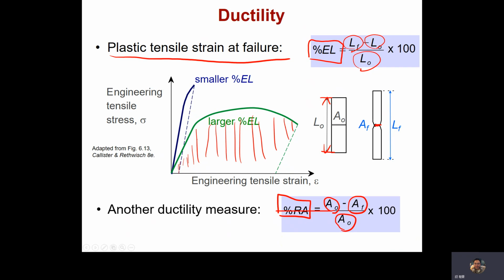This is called the area reduction rate. Materials with higher elongation and area reduction rate are ductile. Therefore, we can compare different materials by their elongation or area reduction rate to distinguish their ductility.